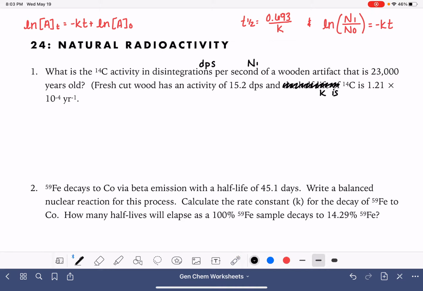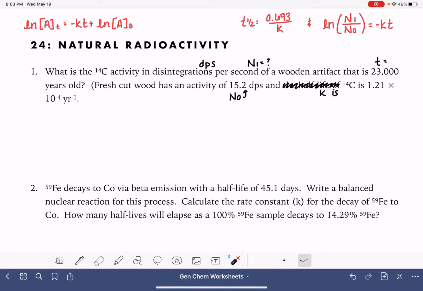That's going to be our n sub 1, the n at time equals 23,000 years. Fresh cut wood, wood that hasn't started disintegrating yet, has an n sub 0 of 15.2 disintegrations per second. And obviously, we know the K.